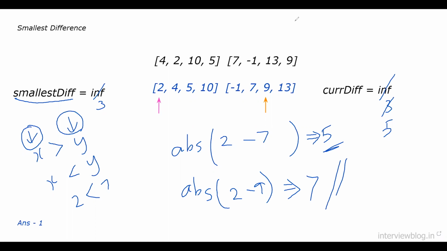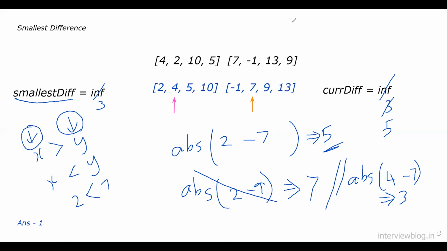In parallel, let's say that I move my pink pointer to the next position and our yellow pointer stays at the same position. In this case, I'll be calculating the absolute difference between 4 and 7, which tends to be 3.